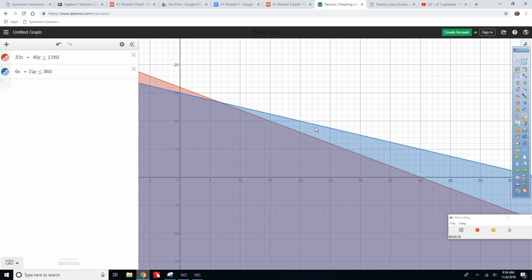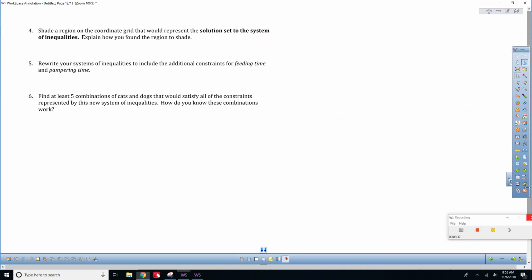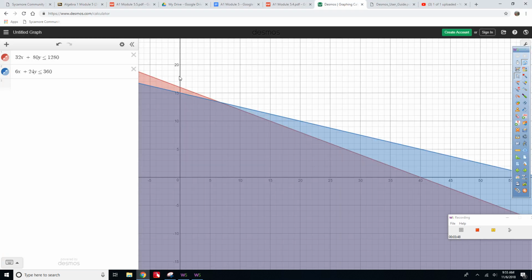These regions satisfy the blue equation but not the red one. These points satisfy the red equation but not the blue one, and the purple are satisfying all of them. Okay? So, shade the region of the coordinate grid that represents the solution system. Explain how you found the region to shade. I used Desmos, and it's the region that overlaps them both, keeping in mind that there are no negative options in this problem. The domain would be strictly positive.